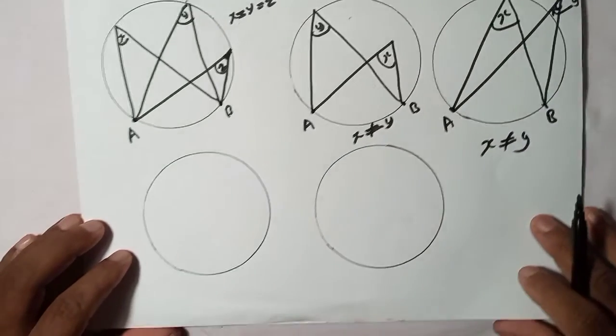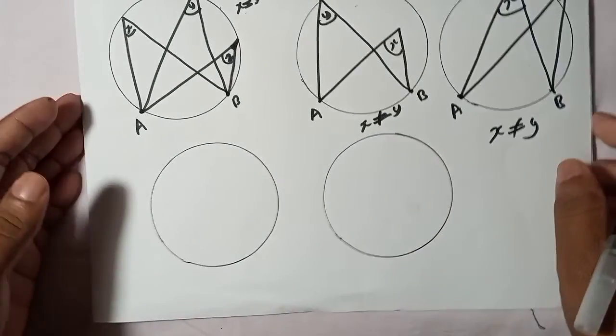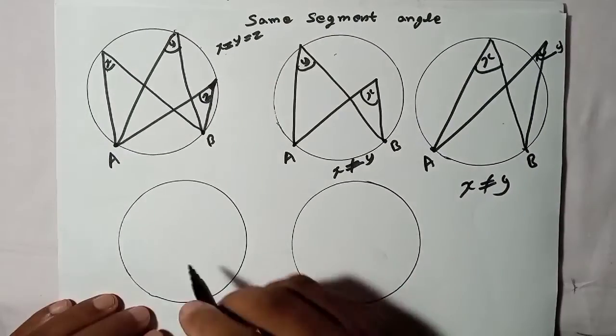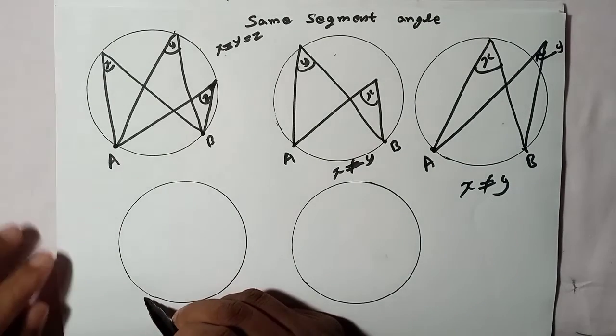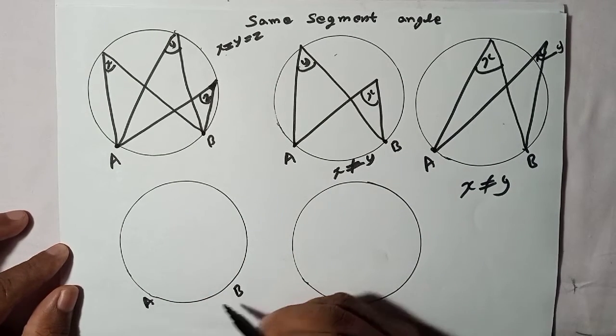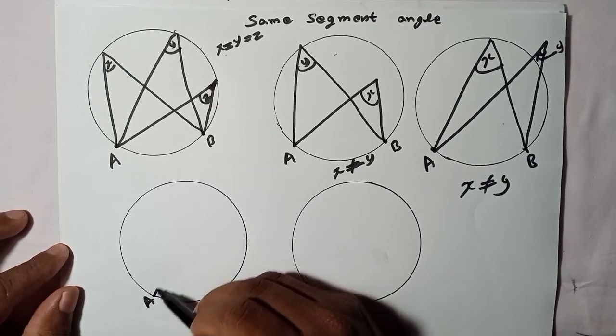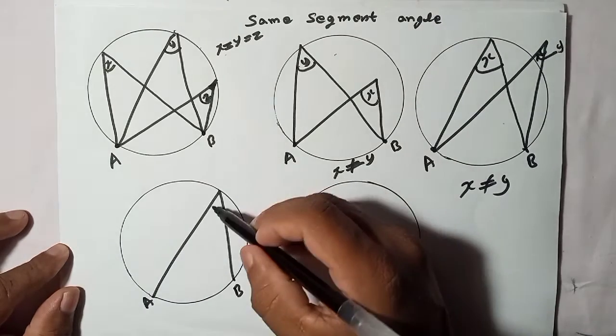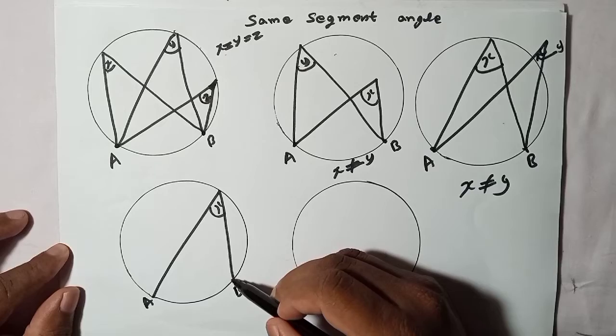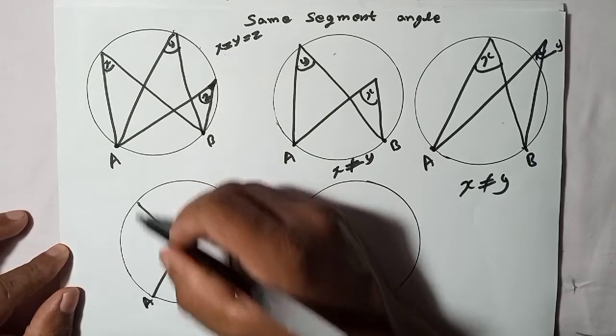And another situation you will get is like this. Think here A and B, again the same two places, and maybe you have it this way, here x and the other one like this.